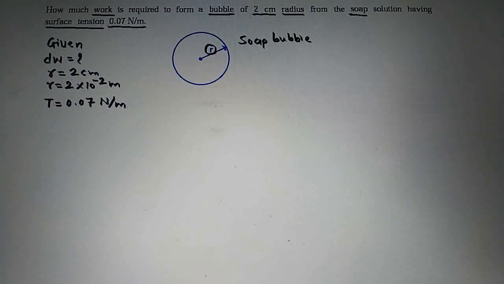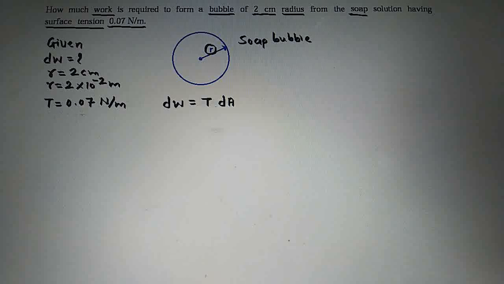After that, we will use the formula to calculate the work done, or the work to form this bubble here. So the work is dW is equal to T into dA.